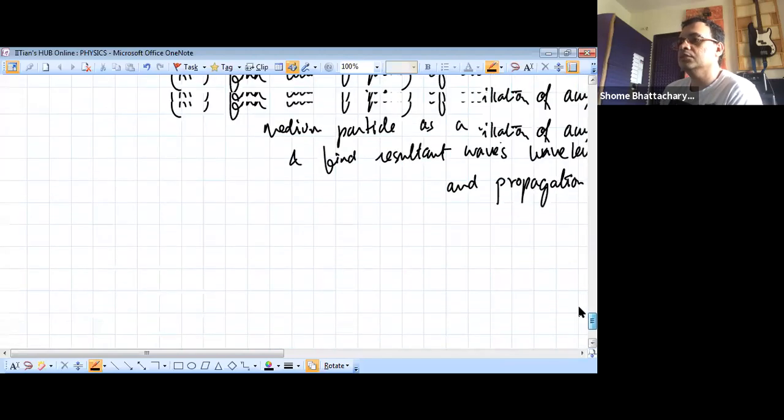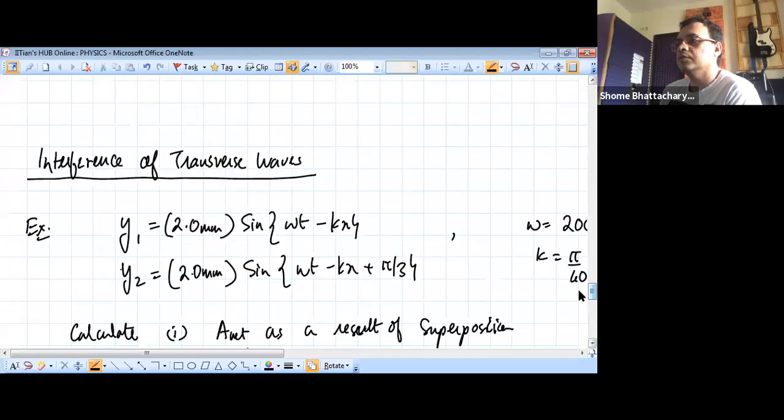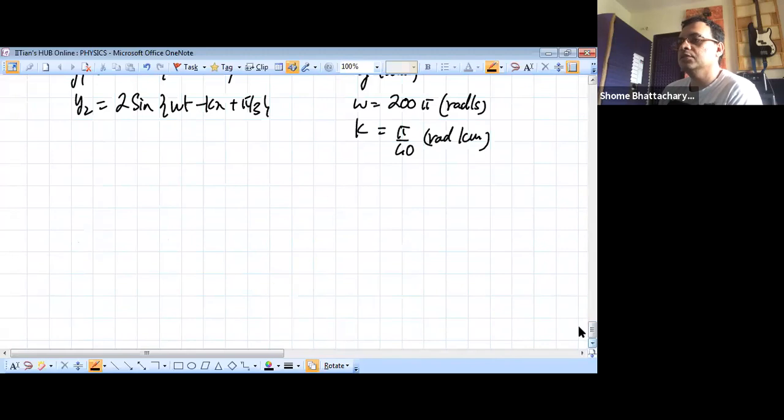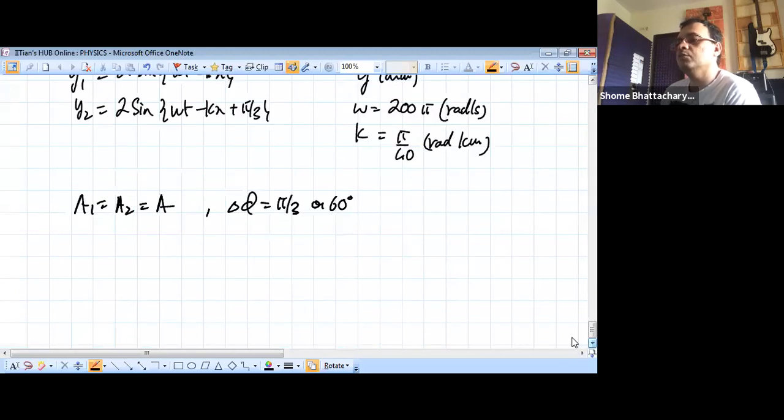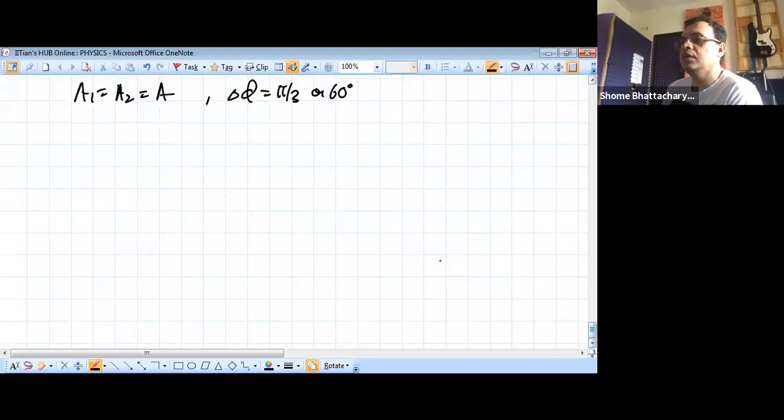So coming back to this, you can see that A1 is equal to A2 equal to A, and the phase difference is equal to pi by 3 or 60 degrees. You can go with either the formula based method or you can go with the diagram.